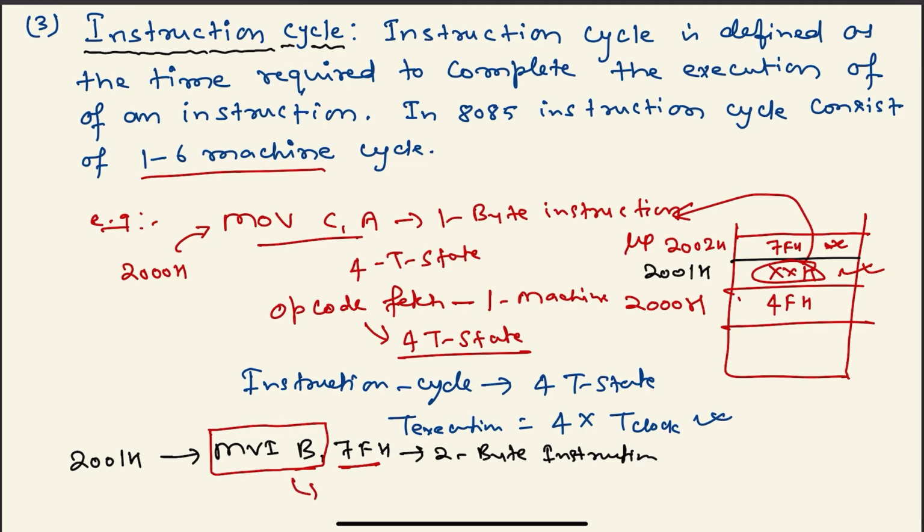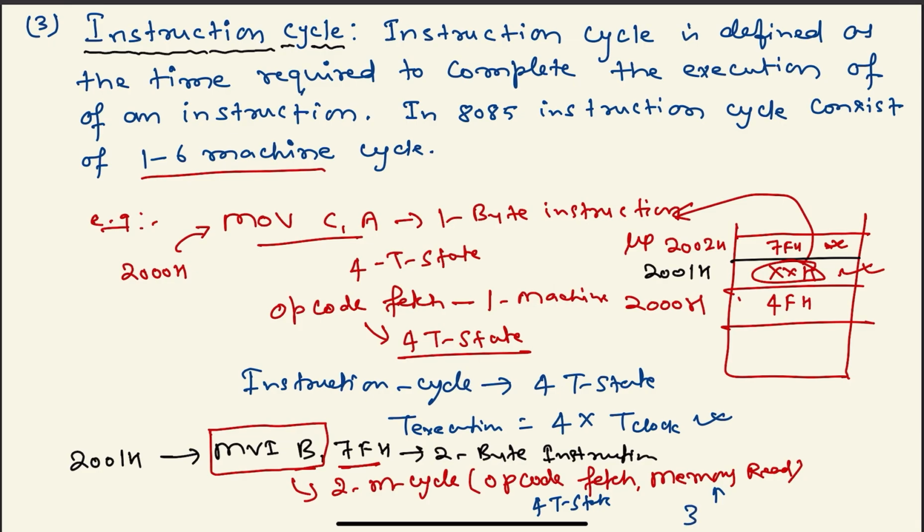So this instruction will take two machine cycles, one is the opcode fetch and the other is the memory read. For the opcode fetch it will take 4T states, and for the memory read it will take 3T states. So in total it will take 7T states.